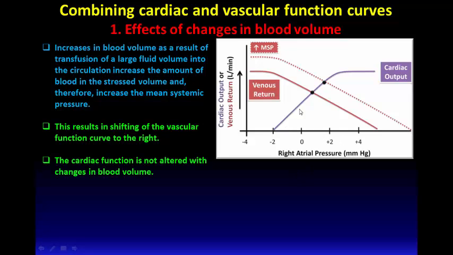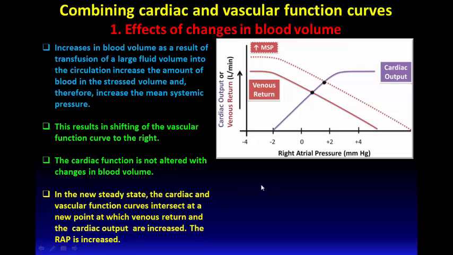The cardiac function curve is not affected by changes in blood volume. Thus, with increases in blood volume in the new steady state, the cardiac and the vascular function curves intersect at a new point, and at this new equilibrium point, the cardiac output and the venous return are both increased, and the right atrial pressure is also increased.